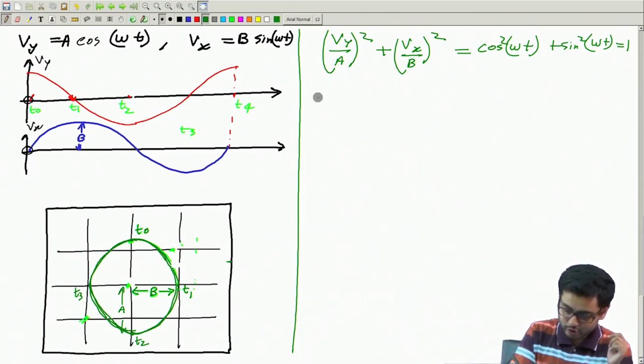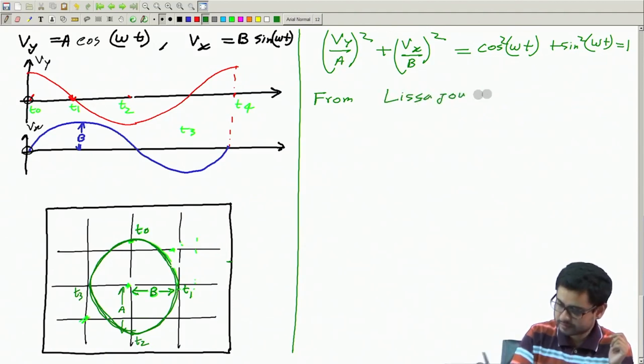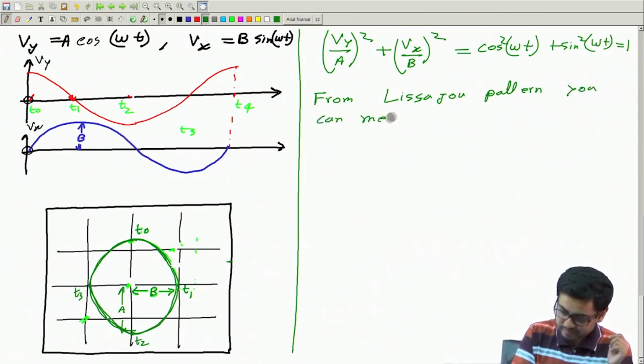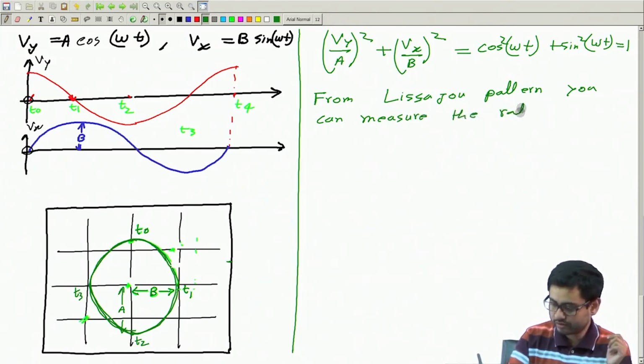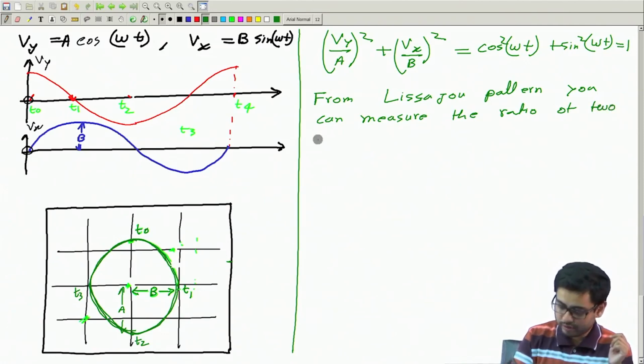From the Lissajous pattern, you can measure the ratio of two voltage amplitudes.